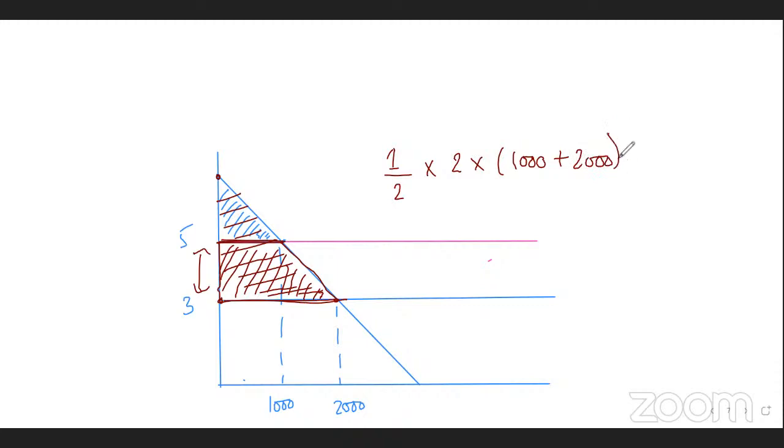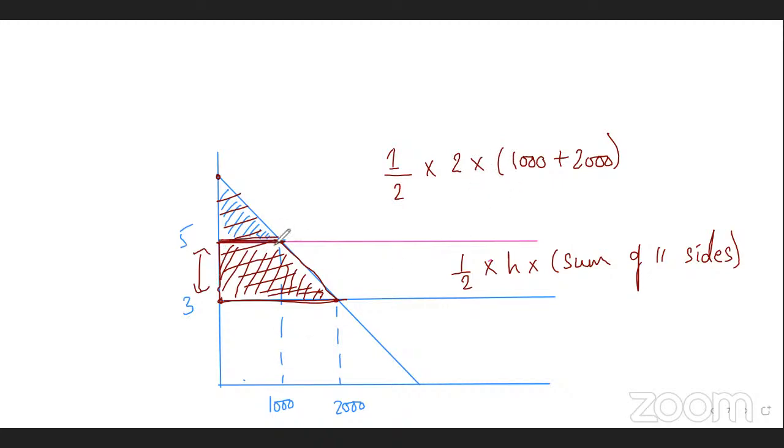Students, did you get the formula? The formula to calculate the area of a trapezium is half into height into sum of parallel sides. The height is 5 minus 3, which is 2, into the sum of parallel sides.